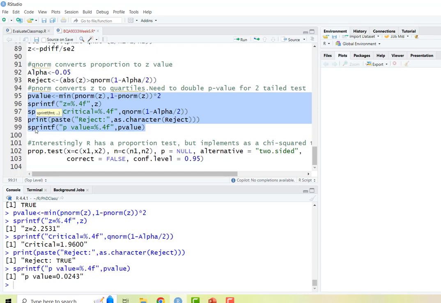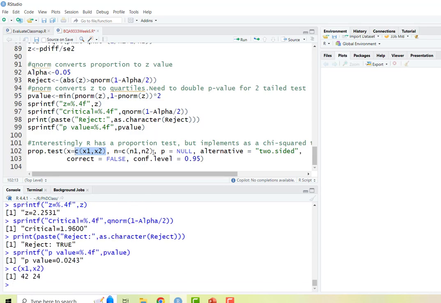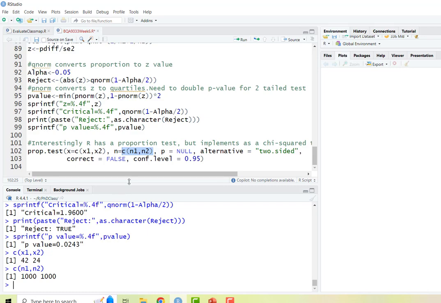Interestingly, R actually has, like SPSS, an inbuilt proportion test. What we do is send it a little mini vector with both my x1 and x2, and another mini vector with my n1 and n2. We don't send any kind of difference in proportion, because this is a two-sample test, so we don't have a hypothesized value.